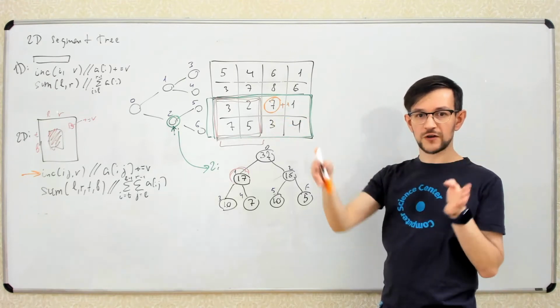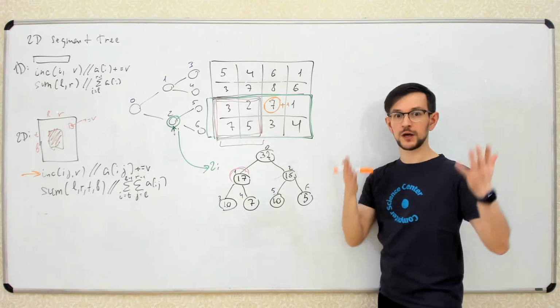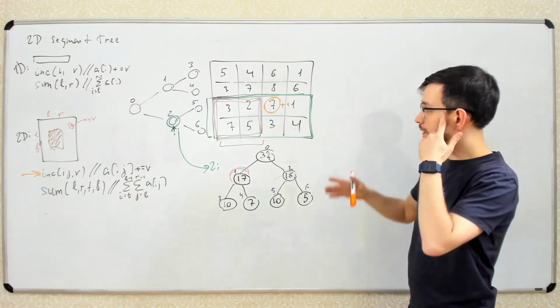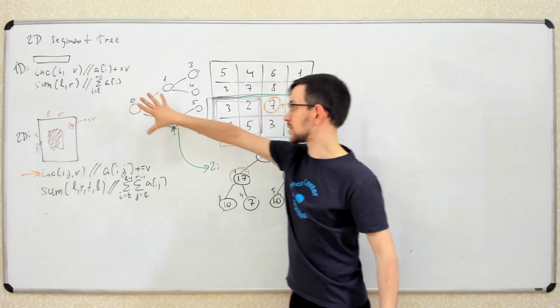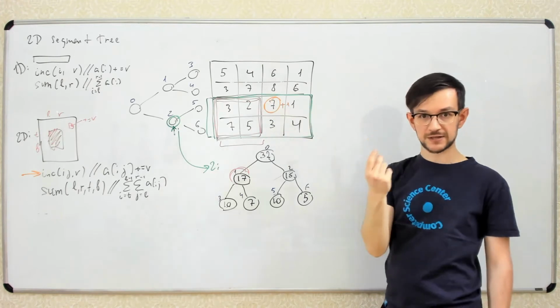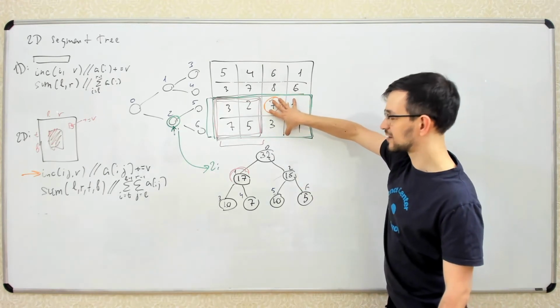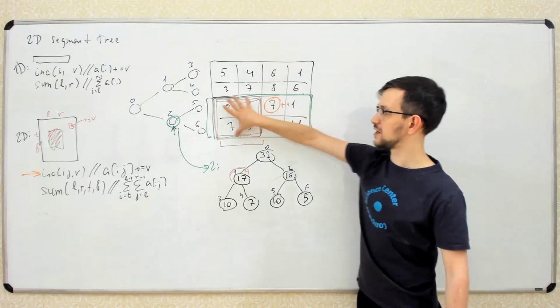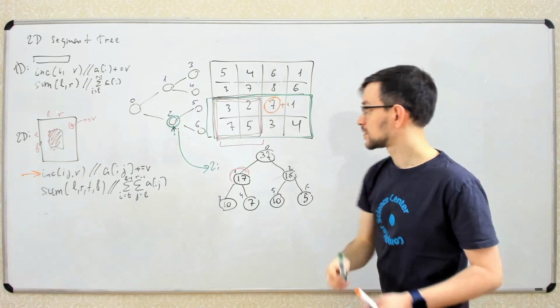You need to find all the rectangles which contain this element. How to find all the rectangles? Very simple. So you take the first segment tree and find all the segments which contain this element. If this rectangle contains this element, it should contain it by this first dimension of your array. So how to do it?